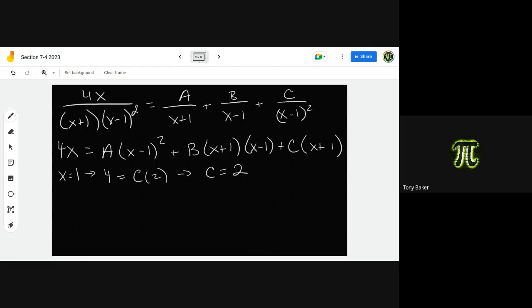Now, what are we going to make x? Okay, so -1. That gives me -4 equals A times 4. That's gone, that's gone. So A is -1.